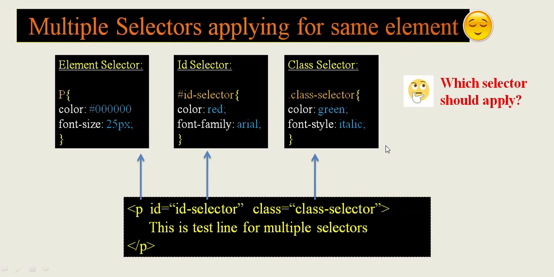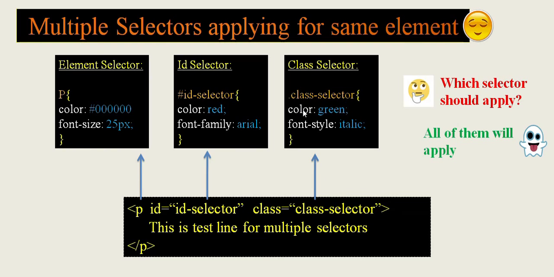And the answer to your question is all of them will apply. All of the selectors will apply to this p tag. Within the p tag we have this sentence, and for this sentence we have applied all the properties that are given within the element selector, ID selector and class selector.